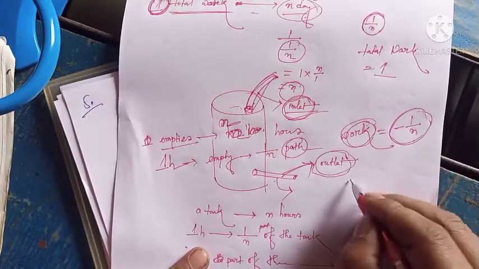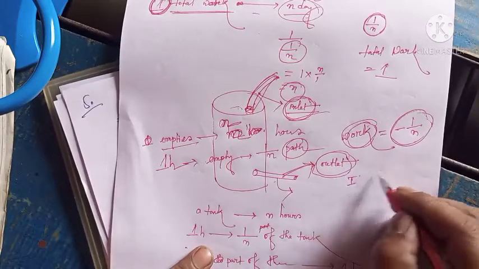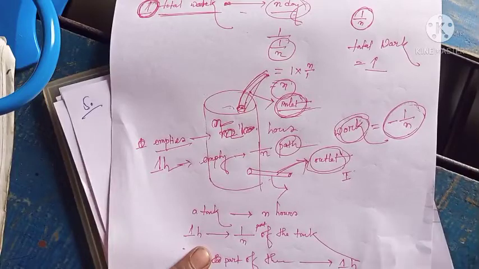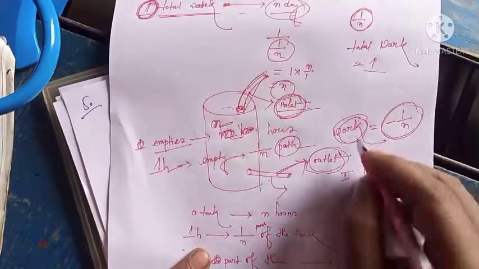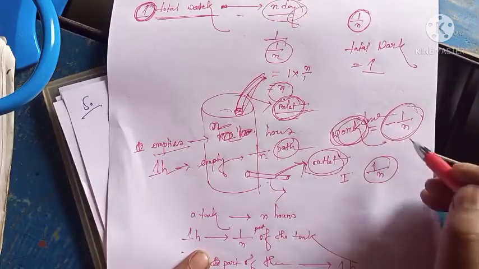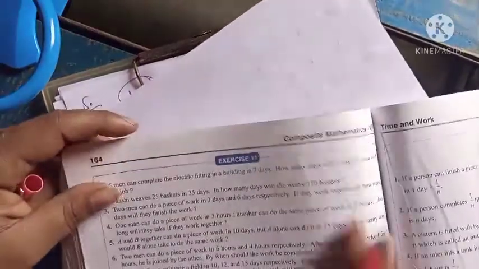If you write that in 1 hour the first pipe empties the tank, then you write 1 by n. But if you use the words work done by the pipe, then you must write minus 1 by n. Later, when I am solving the problems, I will talk about it.